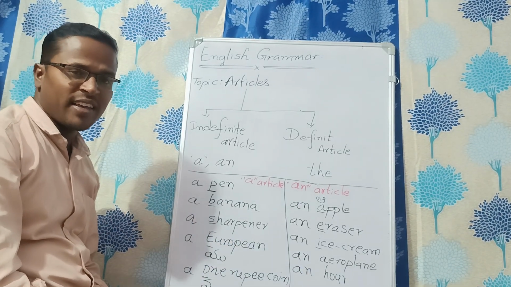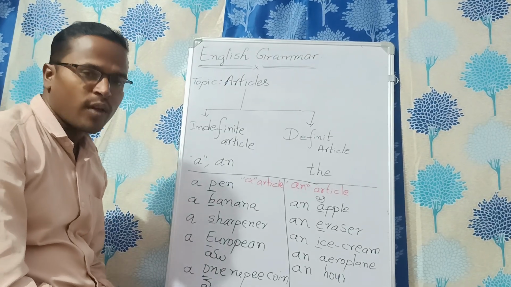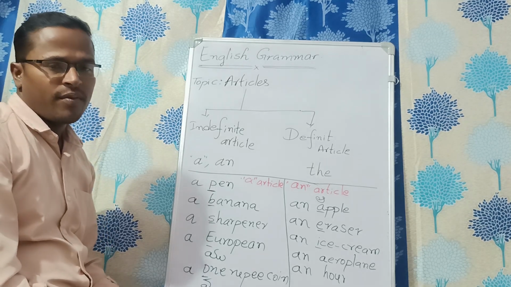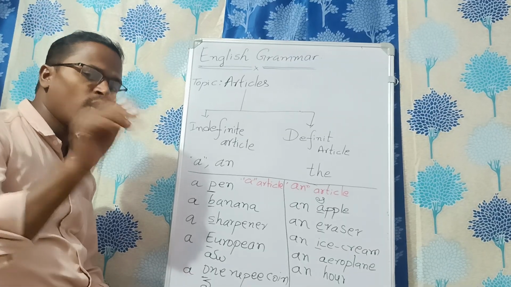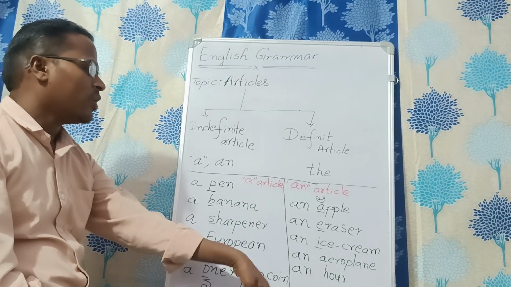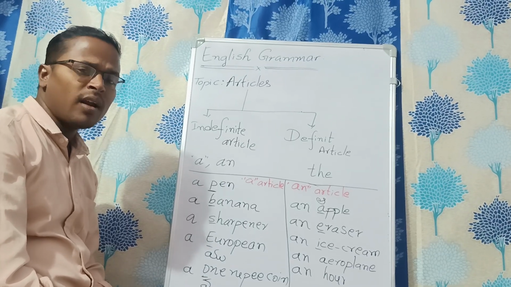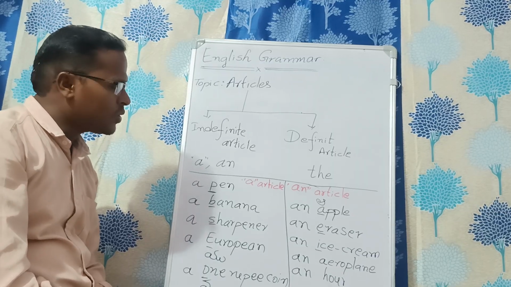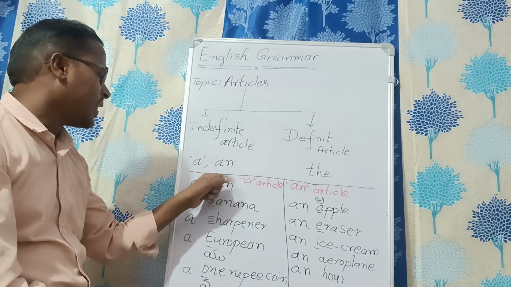It starts with H, a consonant letter, but the sound is a vowel sound. Got it? So this is the main difference. You don't focus on the letter. You have to focus on the beginning sound, either consonant or vowel. I hope you all understood the difference between "a" and "an".